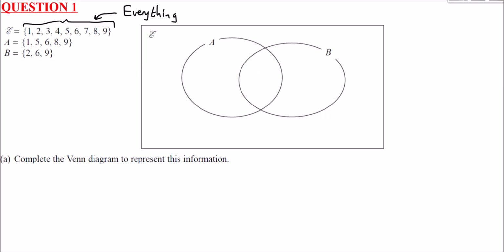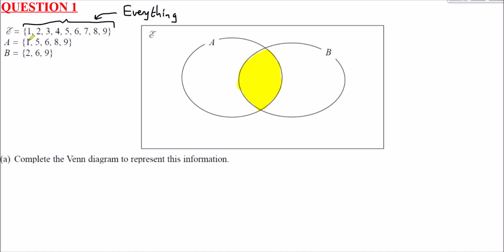I would always recommend starting with what's in both A and B. In other words, what items, if any, are in this overlapping section here in the middle. And so what we're going to have a look at now is the items in set A and set B. By doing the overlapping bits first, we make sure we don't double count any elements.